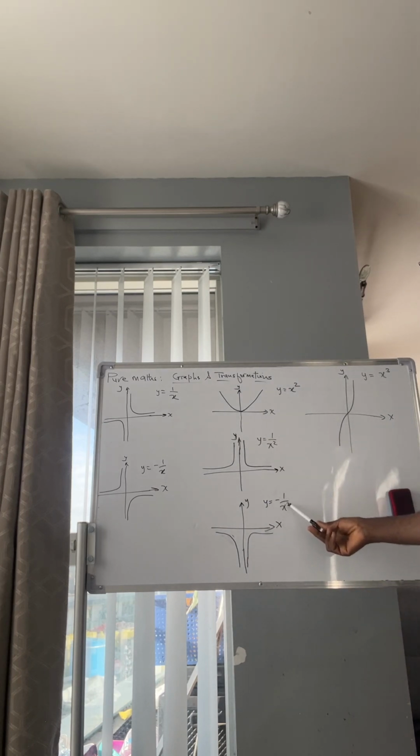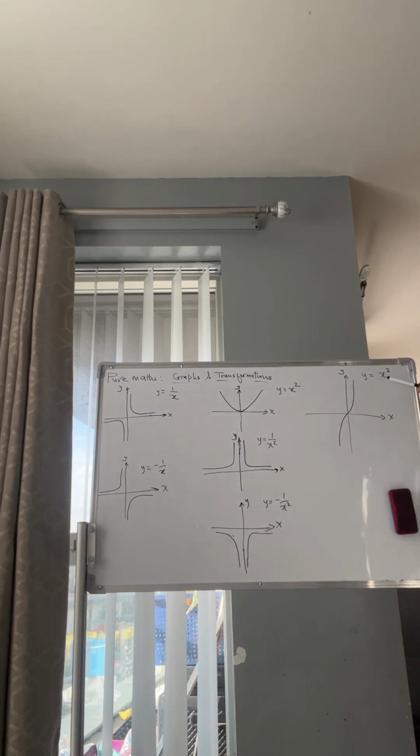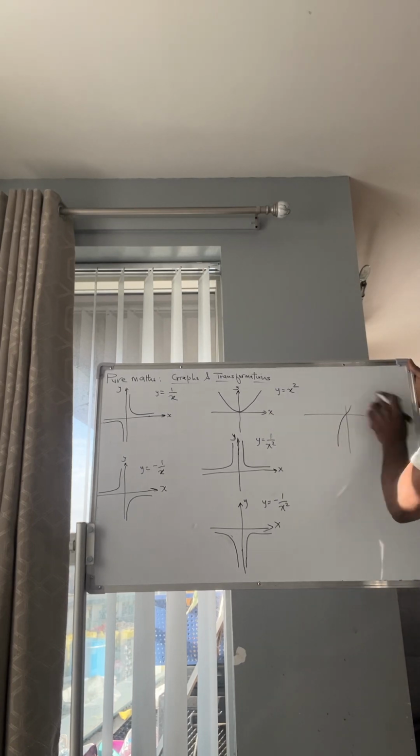If it is minus 1 over x squared, the graph looks like this. And this is a cubic function. When y equals x to the power of 3, the graph takes this form and passes through the origin here. Have them in your memory.